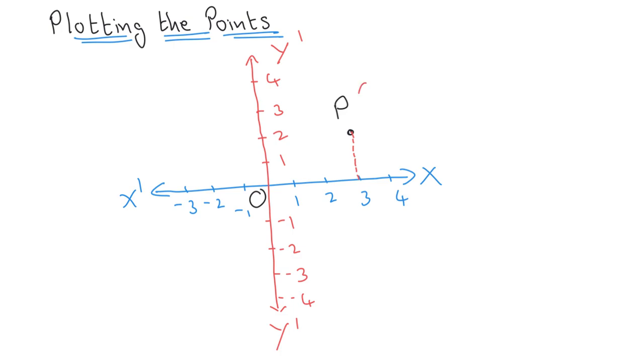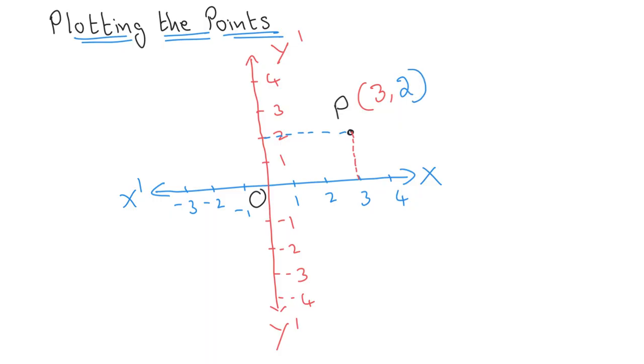Where are you landing? You are landing at 3. So 3 is the x coordinate of the point P. Now, drop a perpendicular line from P to the y-axis. Where are you landing? You are landing at 2. So the y coordinate of the point P is 2.